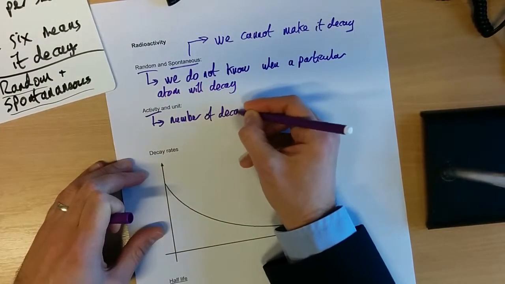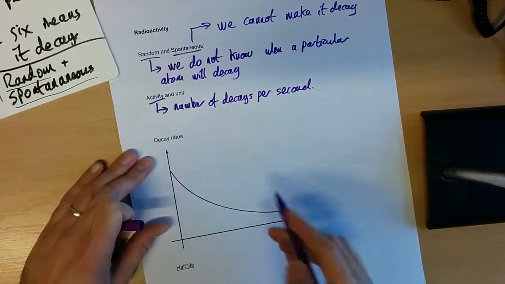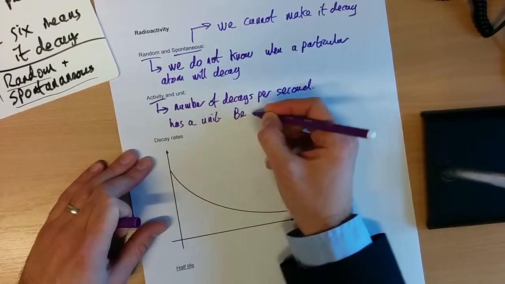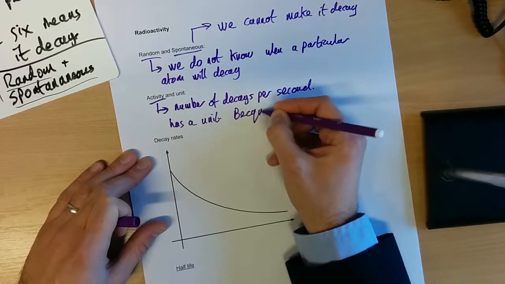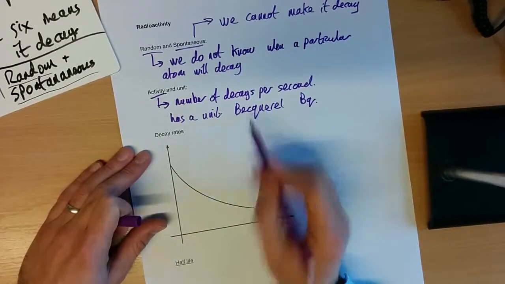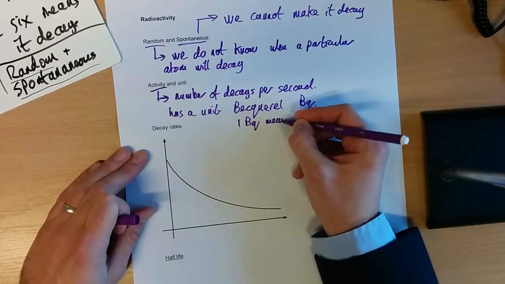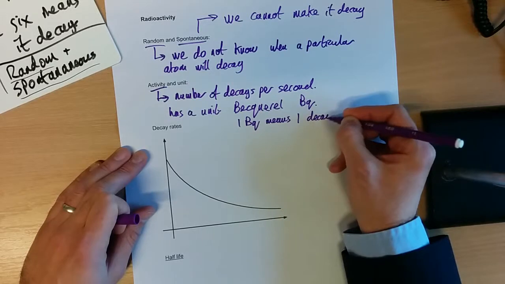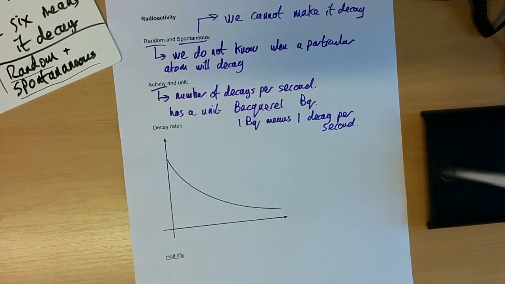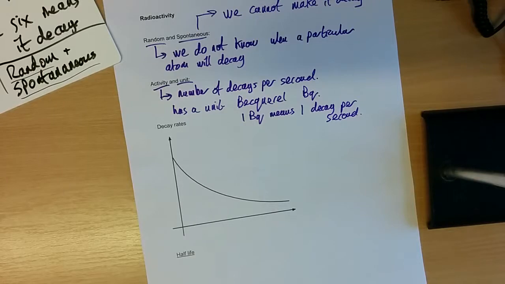And it has a unit, the becquerel, B-E-C-Q-U-E-R-E-L, or the Bq. 1 Bq means 1 decay per second. So that's our activity, the number of decays per second, and it has a unit of 1 becquerel.